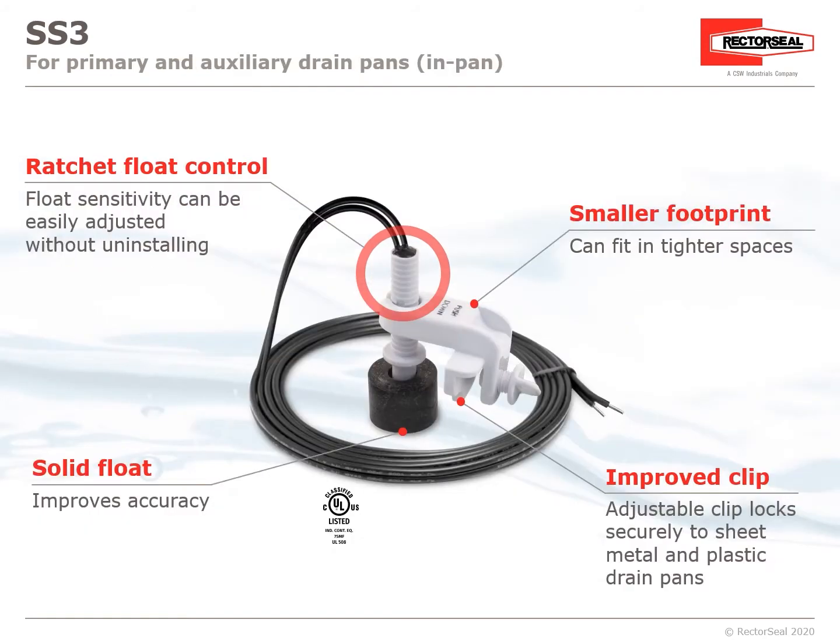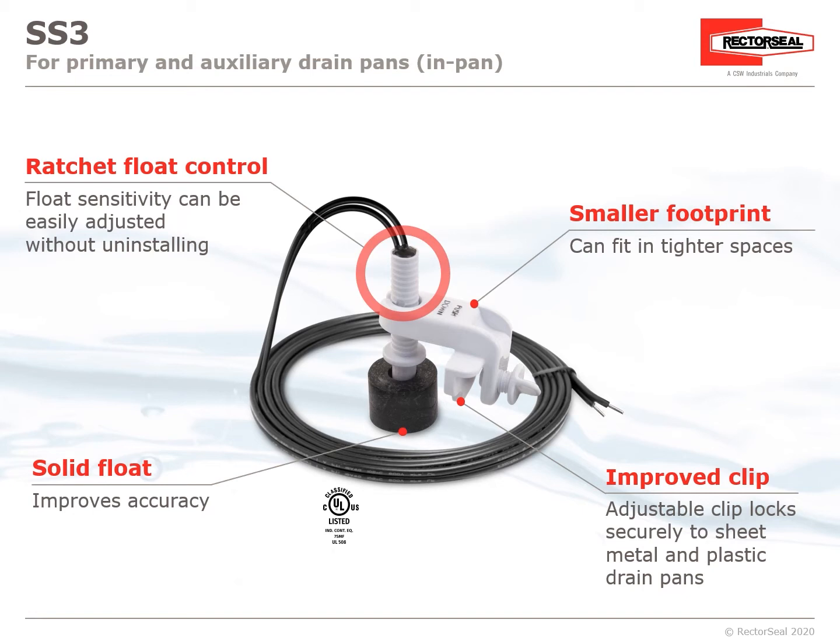And the third protection method to shut the equipment off in the event the primary drain is blocked is in the equipment supply drain pan, primary or secondary, and that is the in-pan switch SS3, also a new Generation 3 design.